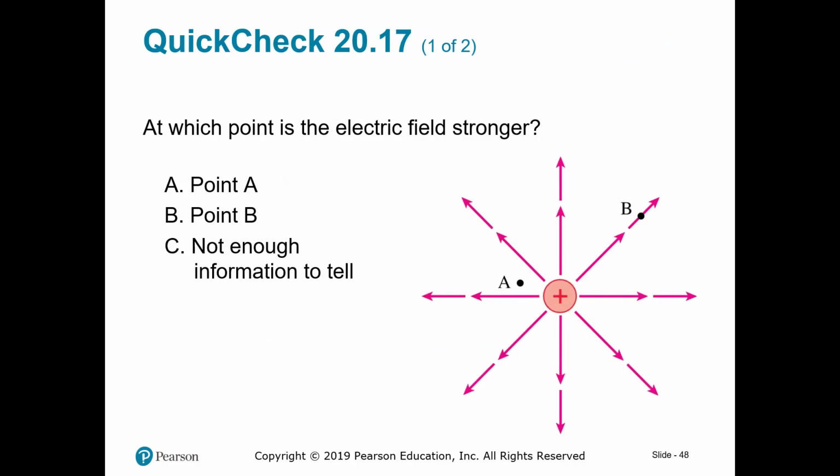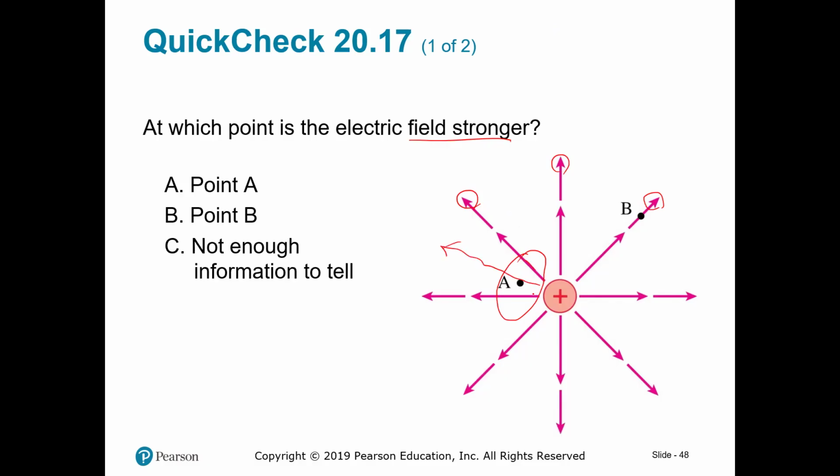What is the electric field at point A and point B? The electric field direction is based on the arrow. And how can you find the field strength? Field strength is proportional to the density of the field lines in that area. For example, in area A you have about 2 or 3 lines.